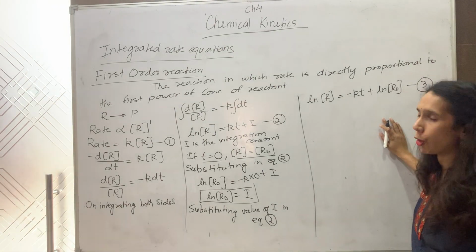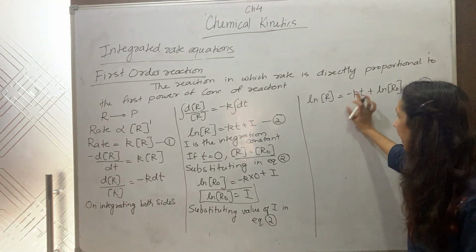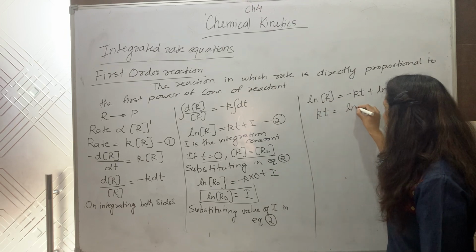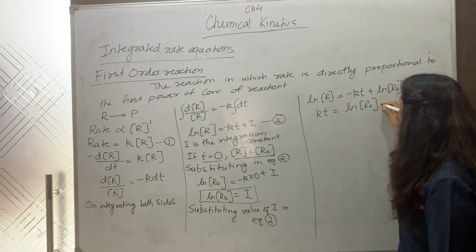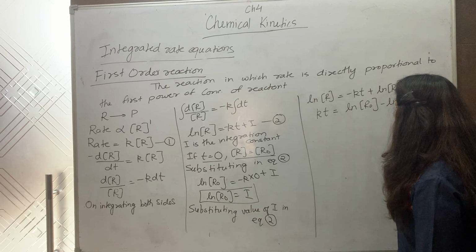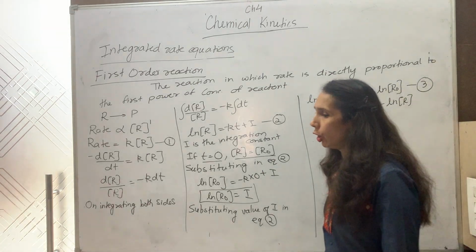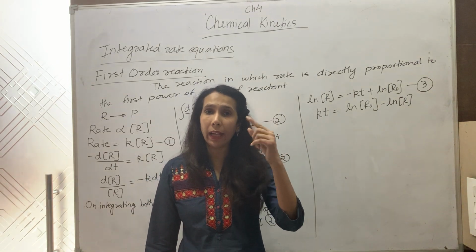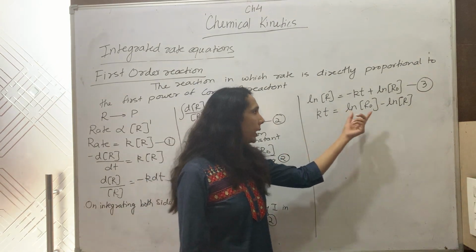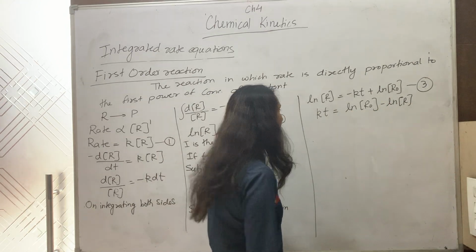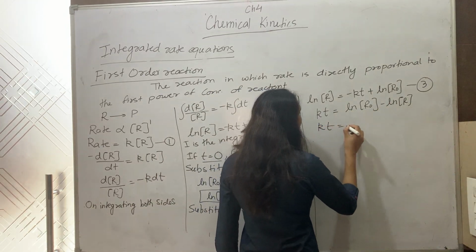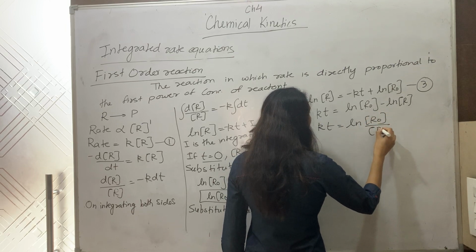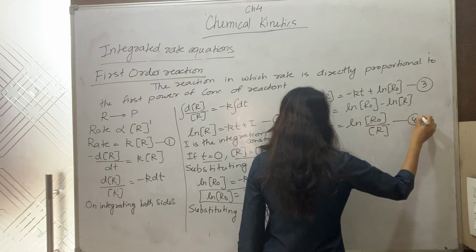Now I am rearranging this equation. I take kt this side, so it becomes plus kt, and ln [R]0 minus ln [R]. Now you must know log A minus log B means log A upon B. So it is ln [R]0 minus ln [R], equal to ln [R]0 by [R].